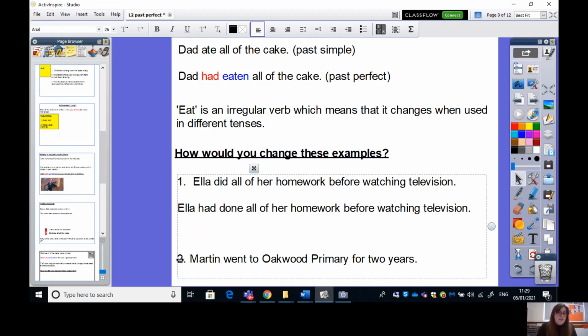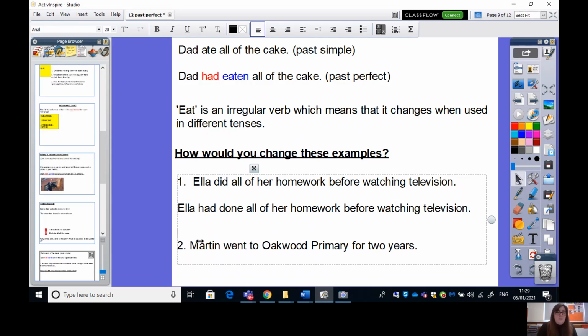So if we have a look at sentence number 2, Martin went to Oakwood Primary for 2 years. Again, have a look at that verb. Does that one need to change as well? I'll give you a moment to think about that and maybe what you would change it to. Okay, I would absolutely change this one too.